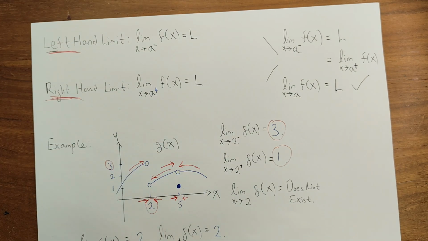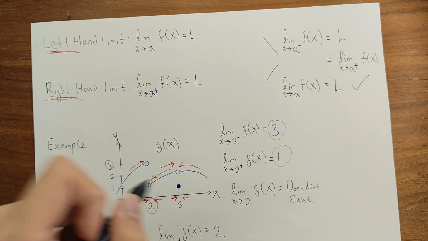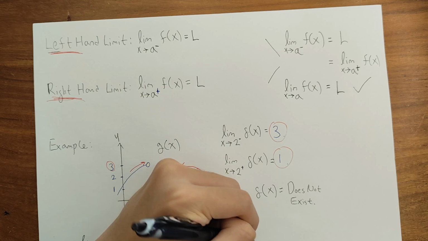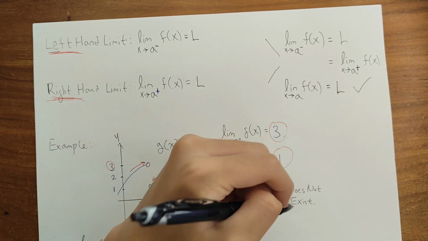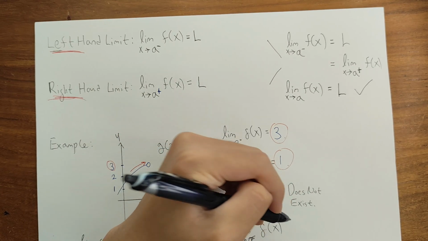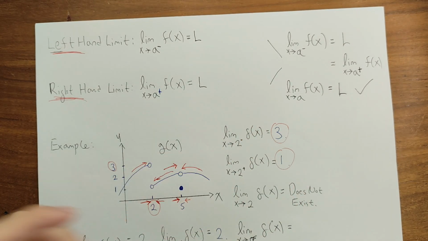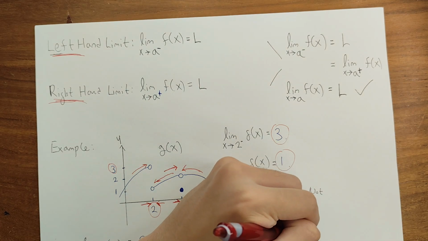Okay, so what is the limit as x approaches 5 in general? As x approaches 5, g(x) is approaching what? Here, the left-hand side limit and the right-hand side limit are equal. This means that the limit as x approaches 5 equals 2 here.